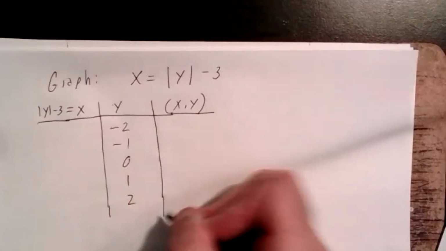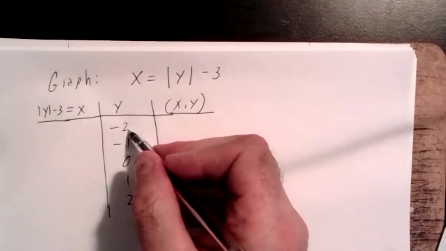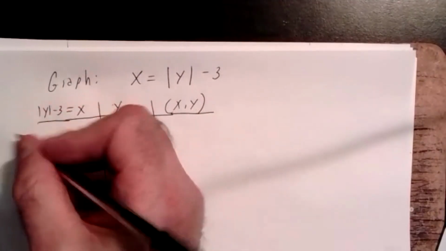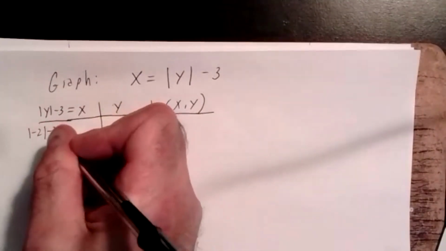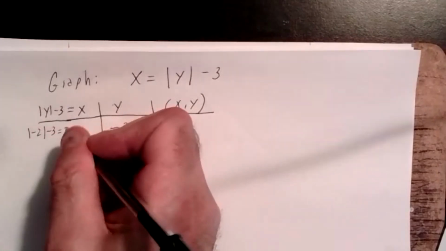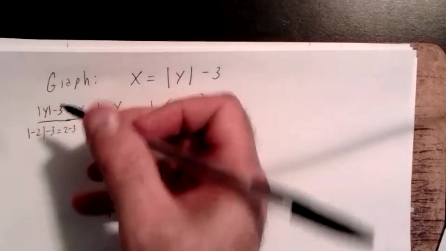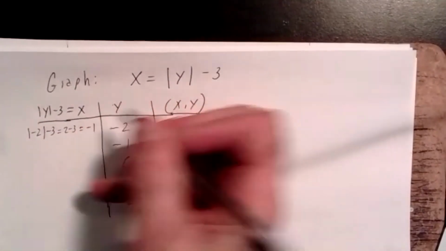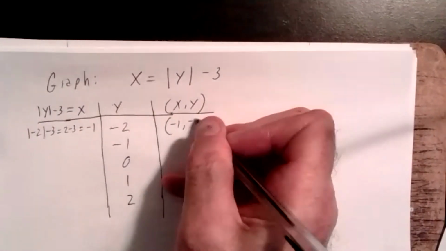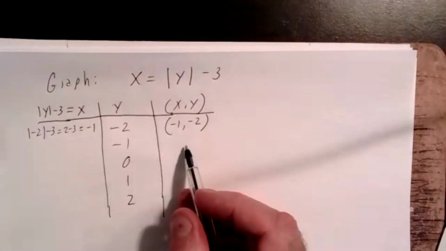If y is -2, x is going to be the absolute value of -2 minus 3, which is to say 2 minus 3. Absolute value of -2 is 2. 2 minus 3 is -1. Hence, -1, -2 would be a point that lies on our graph.